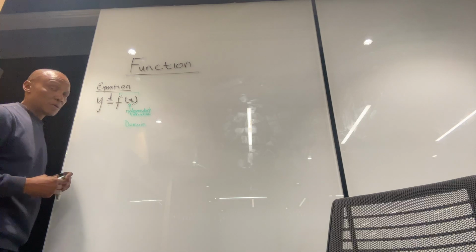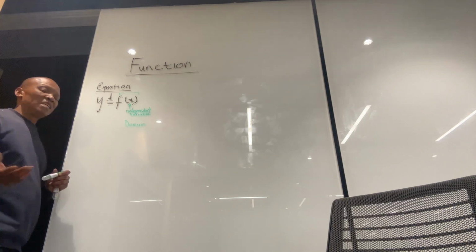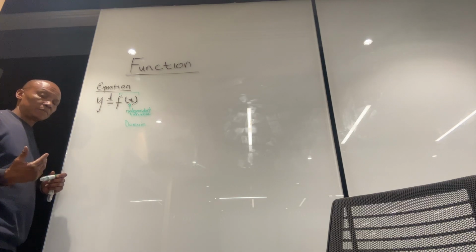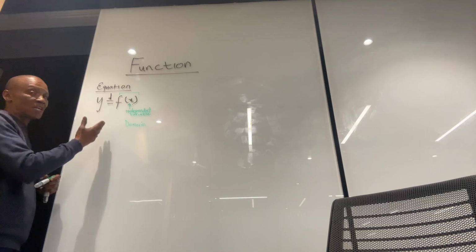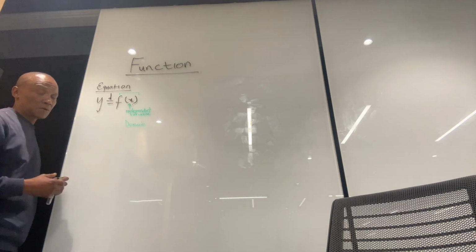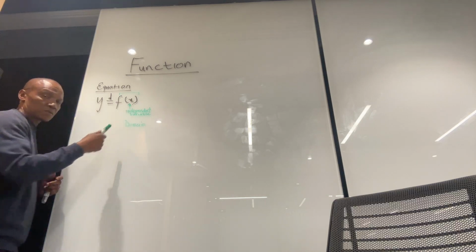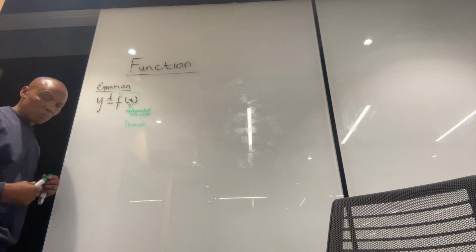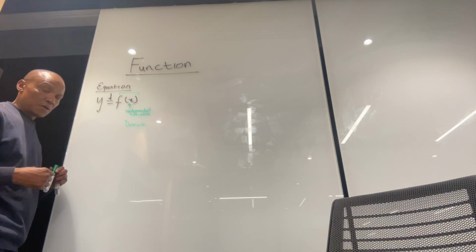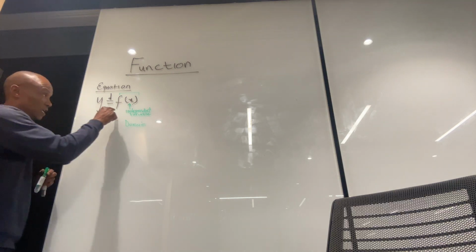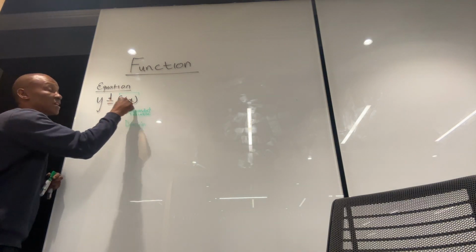I know that. But it tends to lose meaning. It is correct to say y is equal to f of x, but when you say y is a function of x, you are telling your mind that this is a function in terms of x.